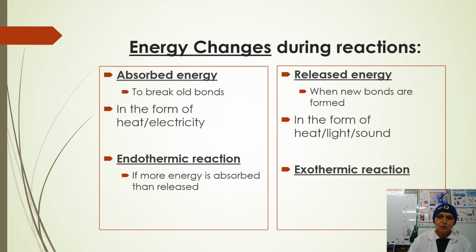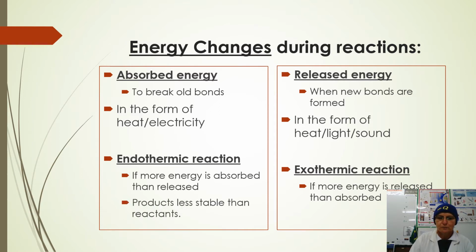So an endothermic reaction is one where more energy is absorbed than released, and an exothermic reaction means that there is more energy released than absorbed. In an endothermic reaction, the products are less stable than the reactants, so they can decompose with greater ease, whereas with an exothermic reaction, the products are more stable than the reactants.